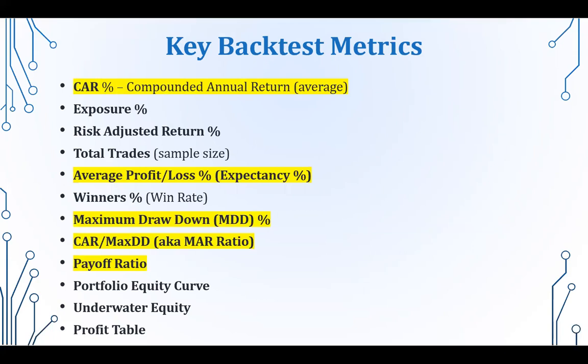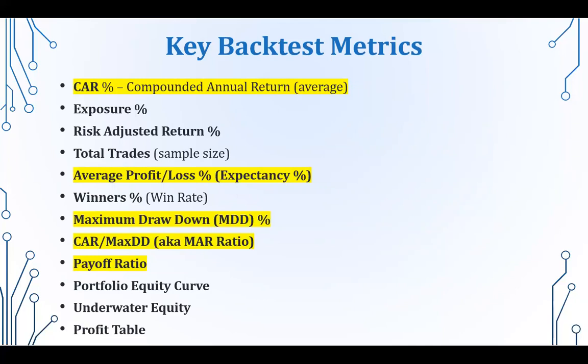Okay, so here are some of the key backtest metrics that we're going to look at. The highlighted ones are the ones I tend to focus on, at least initially, when I first look at a backtest and I'm first evaluating the strategy. I especially focus on the max drawdown and the CAR MDD, or the MAR ratio.